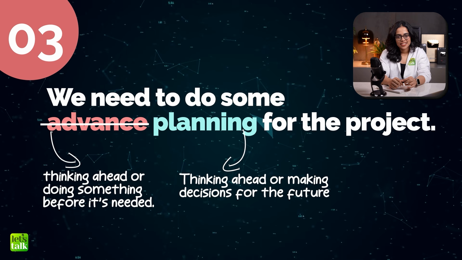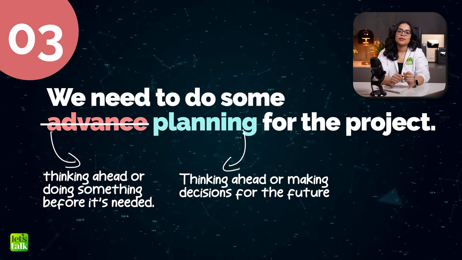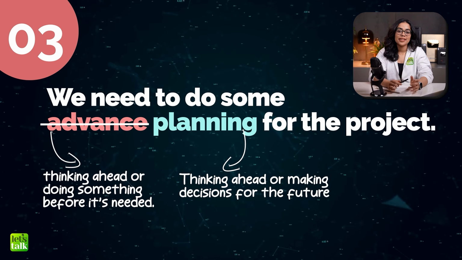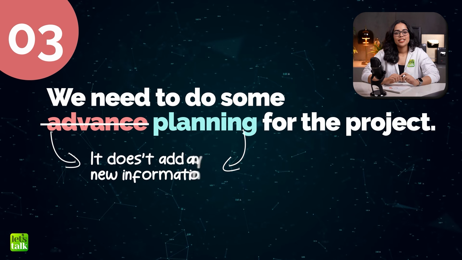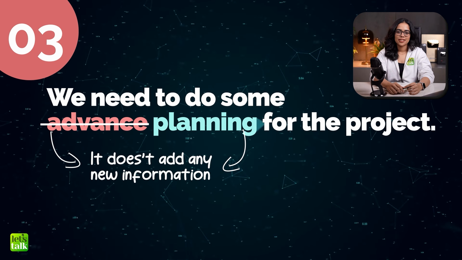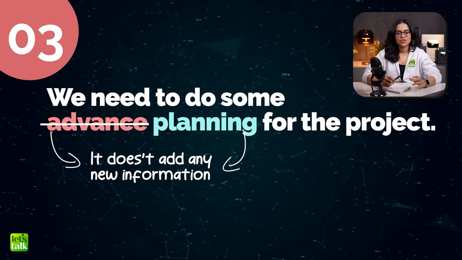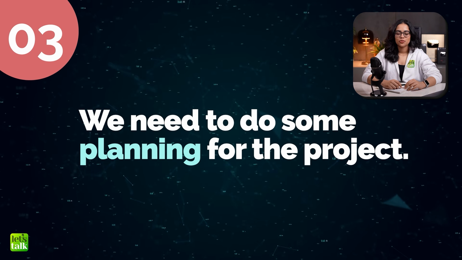Just saying planning is enough because it already means preparing in advance. Using both advance and planning is like saying the same thing twice. It doesn't add anything new to your sentence. It's better to just say planning, which is shorter and still makes sense. So you can simply say, we need to do some planning for the project.